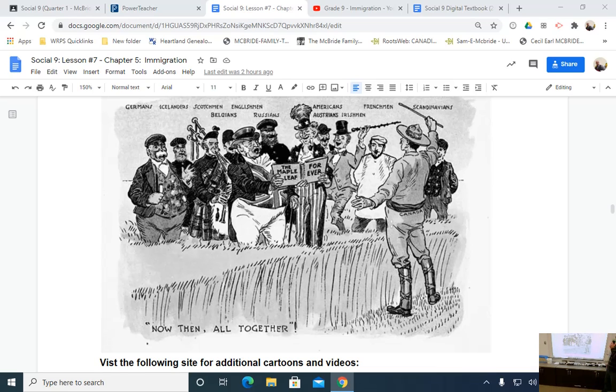Englishmen and Frenchmen, although they're not standing next to each other, at least they're standing in the field all together. So perhaps the message is also that in Canada, people that are at odds with each other outside of Canada, like the Irish and the English, or the English and the French, or at times the English and the Germans, or the English and the Americans, may not be at odds now.